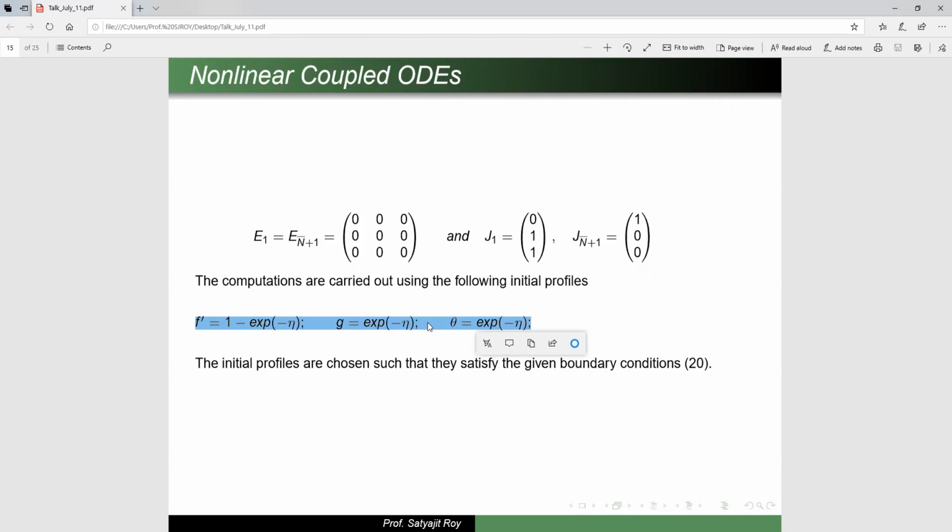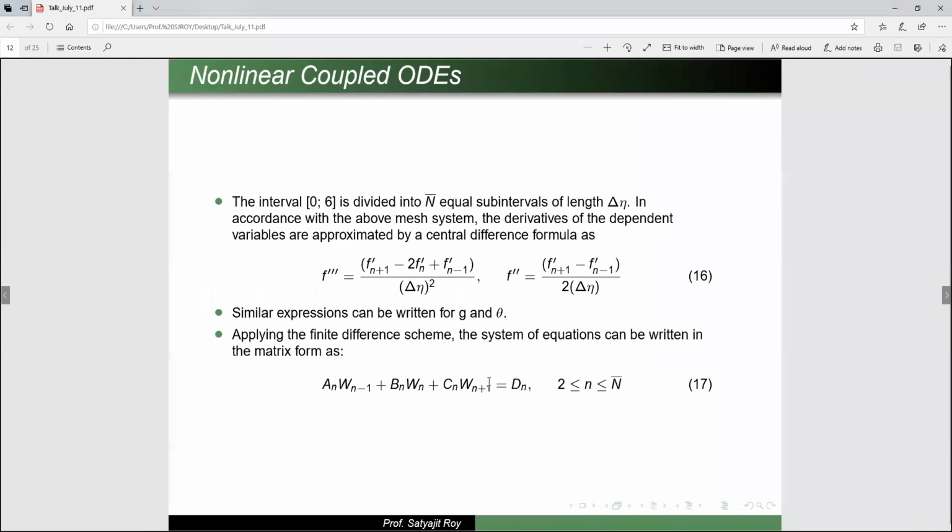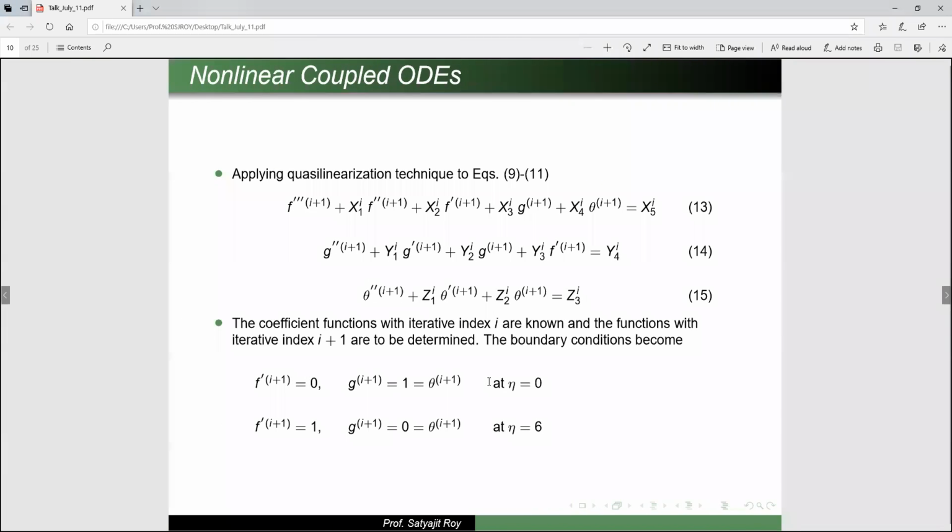It is better to apply that physical idea so that the solution converges faster. So in our cases we take like this. The initial profile is chosen such that it satisfies the equation. So this is nonlinear. I have shown you a 3 by 3 system. This is 3 by 3.